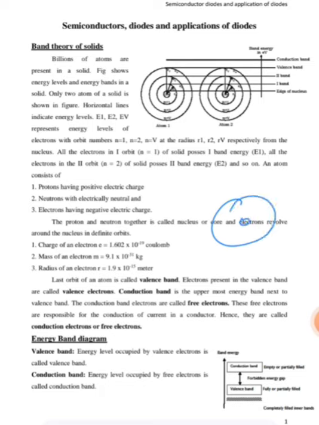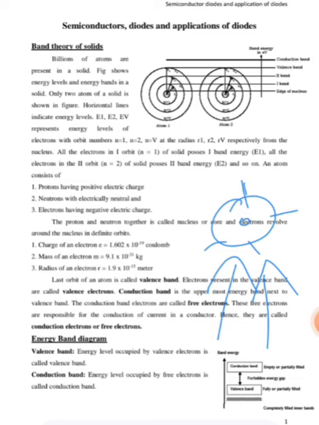I'm having an atom here, this is a central nucleus, and this is the outermost orbit, where let us understand that I have 4 valence electrons. If I provide any external energy, either in the form of heat energy, light energy, or any form of energy, the electrons which absorb this energy are the electrons present in the outermost orbit, that is, the valence electrons.